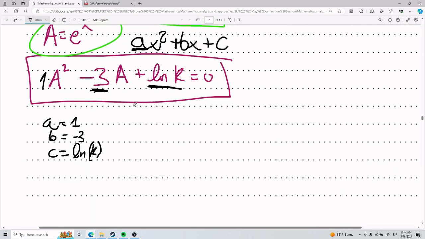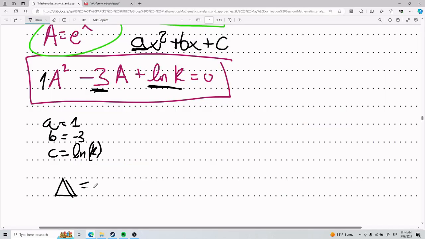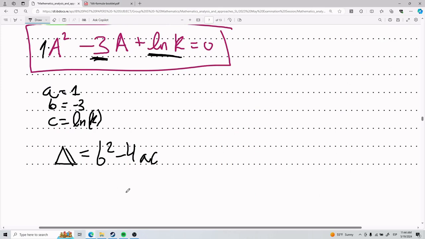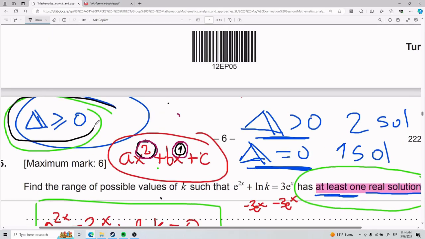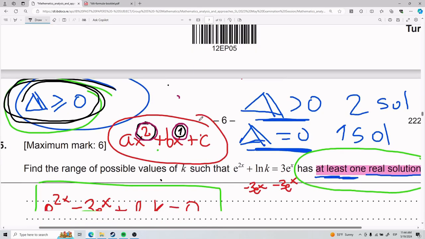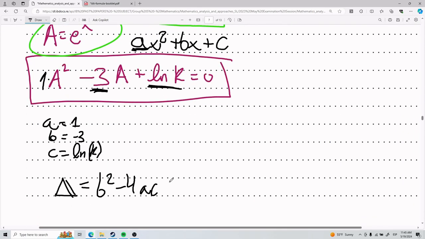And so from here, you can use the discriminant, right? And so the discriminant, we said, and from the formula booklet we know, it's going to be b squared minus 4ac. So first, let's find out what my discriminant is, and then let's apply the greater than or equal to 0, because we're talking about at least one real solution. So first, let's solve for the discriminant.